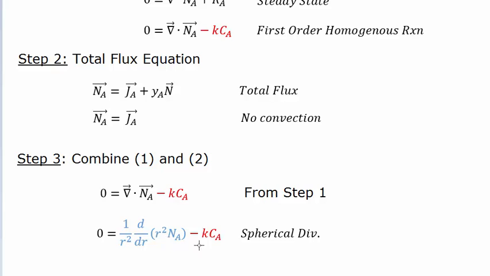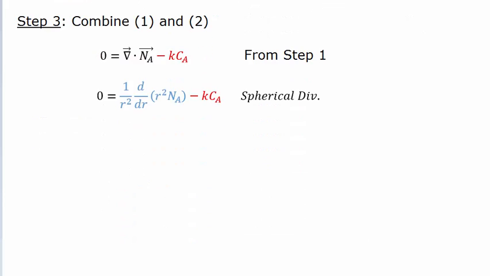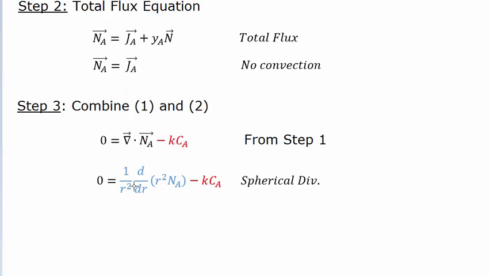This is the formula for spherical divergence if we assume it's one-dimensional and the movement is only happening in the r direction. So now we have an expression that's one dimensional. We can drop all this vector notation, and now we can substitute this in here. So NA is going to be equal to JA, and we can put that right in there.